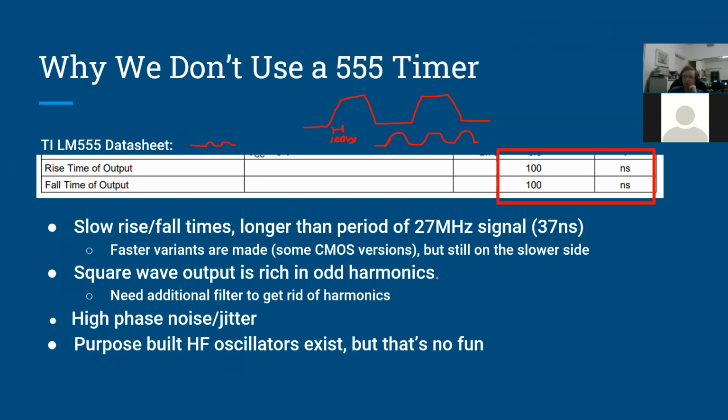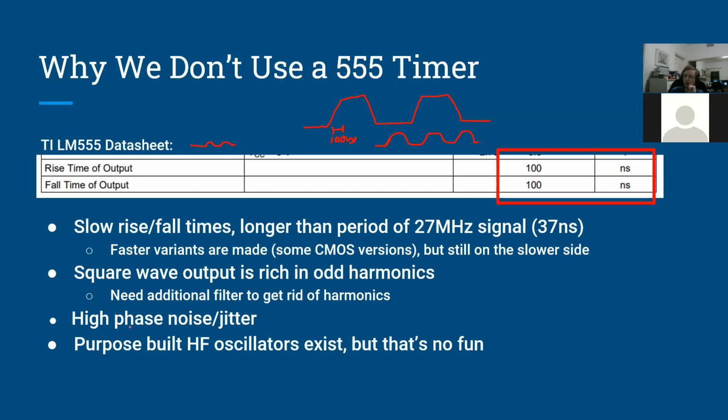Generally, we want a nice sine wave. Sometimes it's not that important whether you have a square wave or a sine wave, but in this particular case, we appreciate sine waves. So you need additional filtering on the output of the 555 timer to filter out those higher harmonics to leave you with the fundamental.